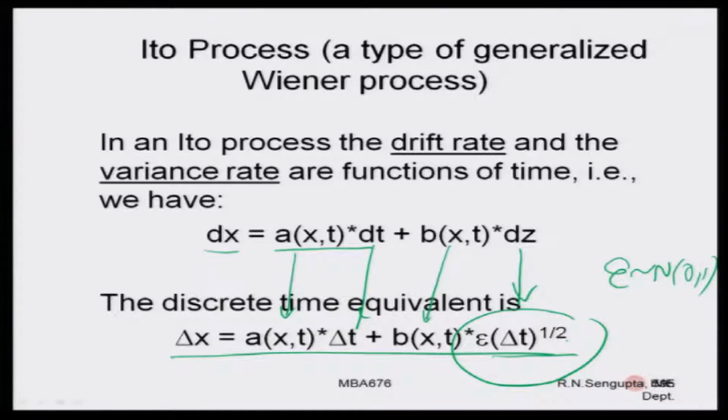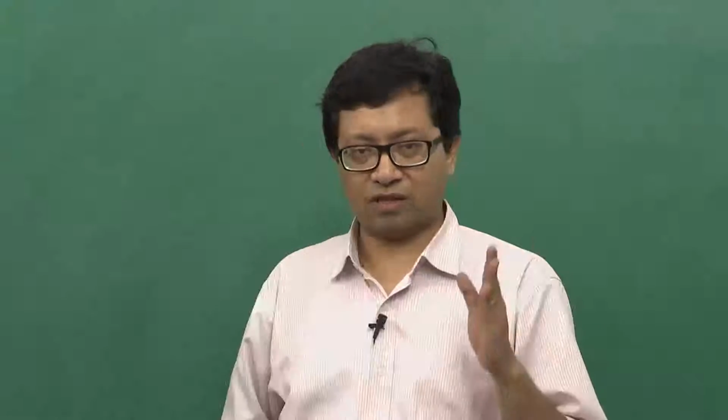So, again you will generate this data according to the same concept, but remembering that now a and b are not constant, but dependent on two things, time and the place where the variable is being measured.